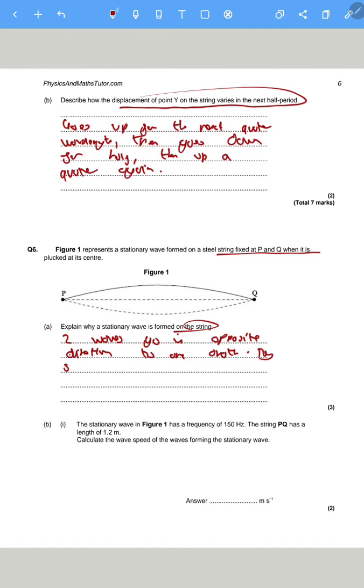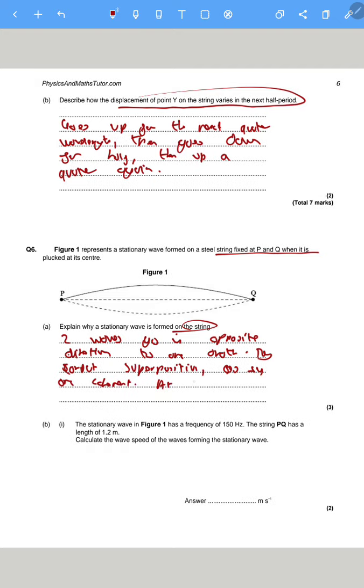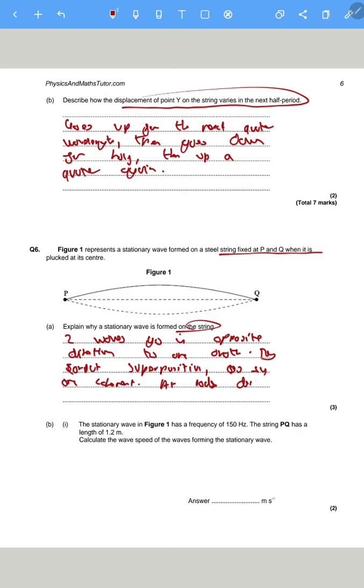They undergo superposition as they are coherent. At nodes, destructive interference. At antinodes, constructive. Perfect.